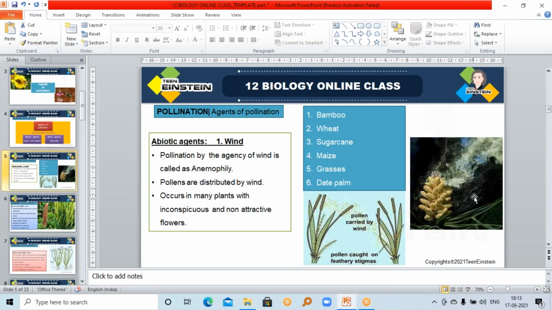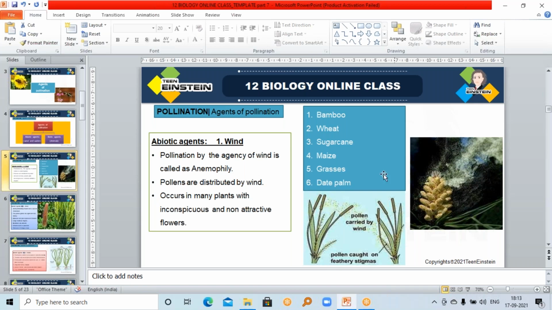So many pollen grains are getting released into the air and carried from one place to another through the air. Through the air current, this will spread everywhere, so that kind of pollen may cause some kind of allergies also. We have already learned in the previous class about pollen allergy and the parthenium plant and all that may cause pollen allergy.